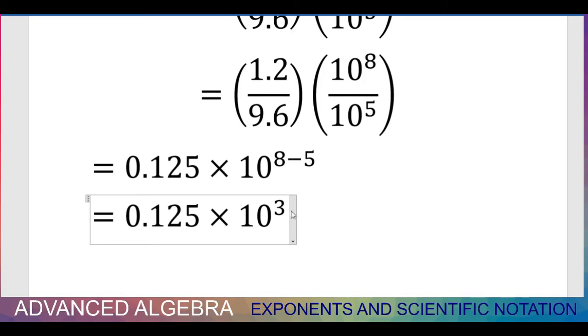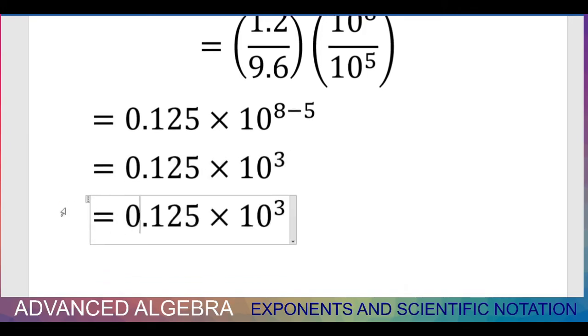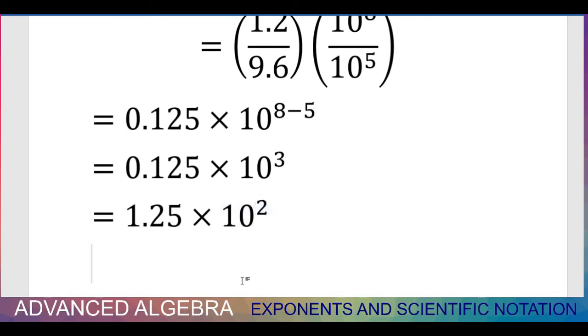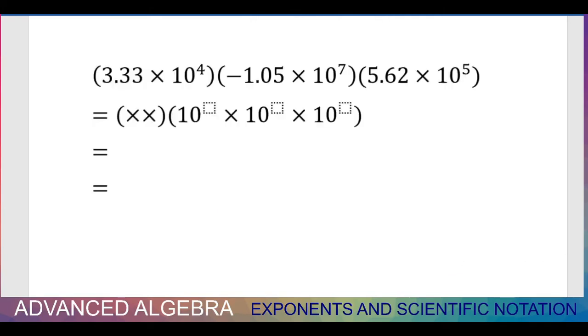Kapag kinonvert natin yan, magiging 1.25 kasi nag-move tayo ng decimal places papuntang kanan, times 10 to the second power. Pero pag pakaliwa siya, magpa-plus tayo ng isa or depende sa decimal places. So, magiging 1.25 times 10 squared. Okay, next tayo.